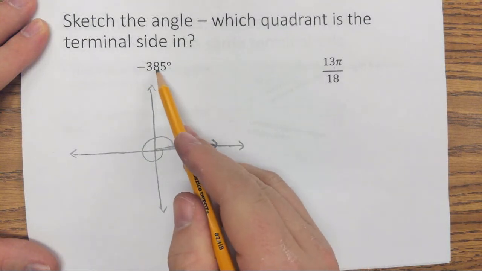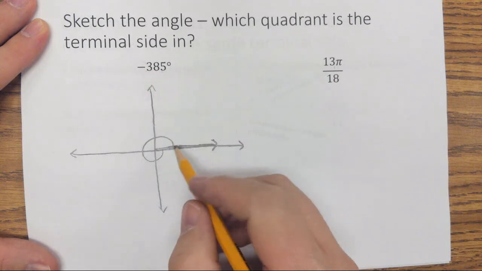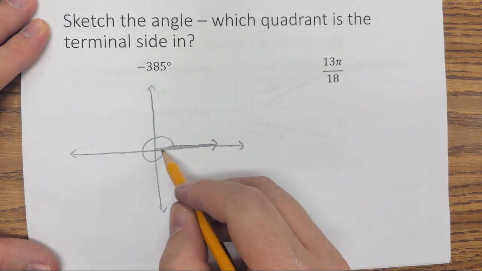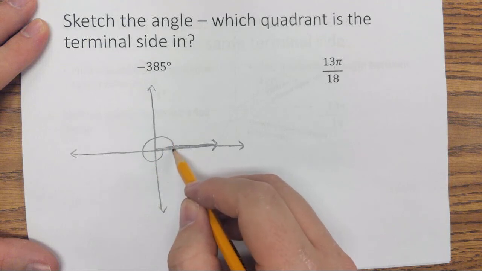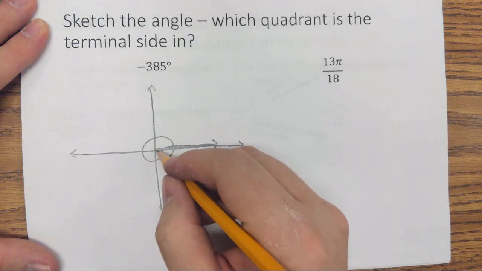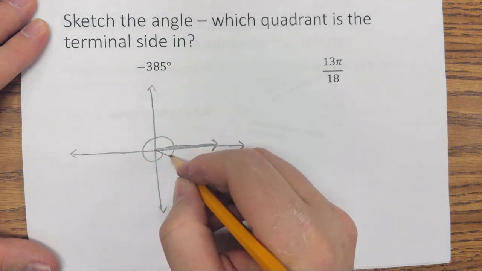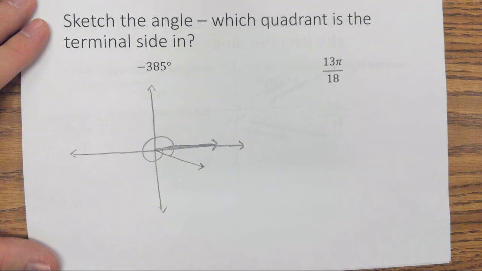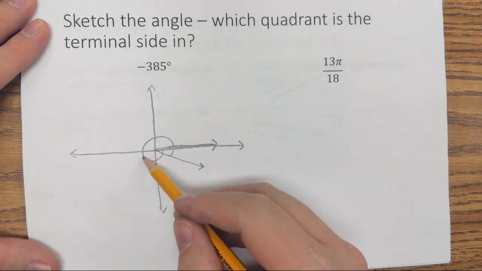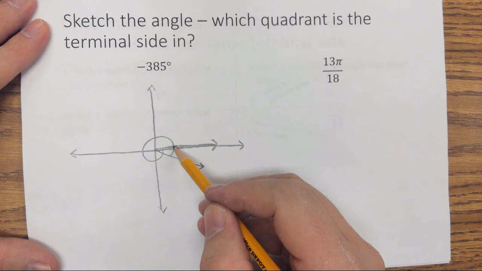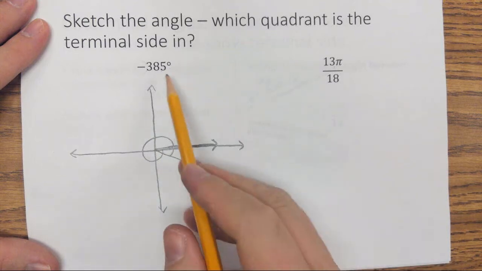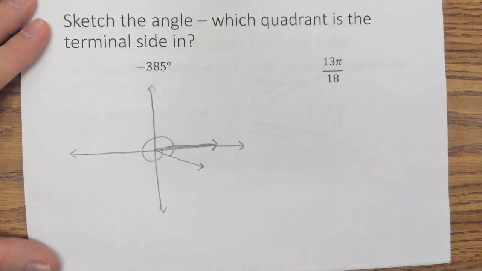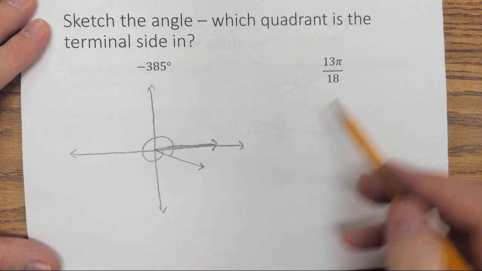And I know that negative 385 is 25 more than the 360 rotation I just did, which is going to be right around in here. This is just a sketch, so it doesn't have to be perfect. And there is our terminal side. So I rotated all the way around negative 360 degrees, because we're going clockwise, and then just a little bit more gave me my negative 385. Okay, let's do this one.